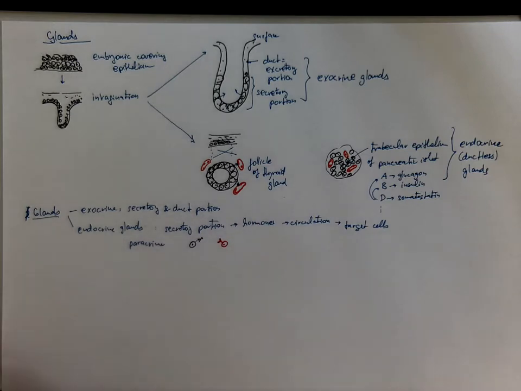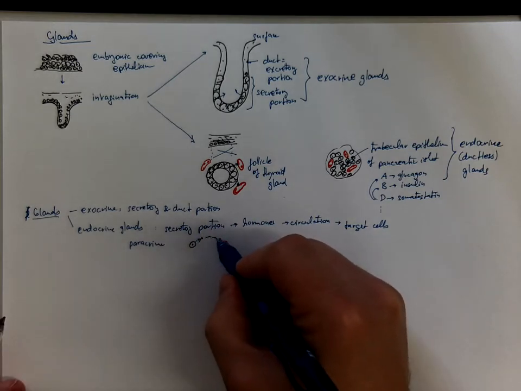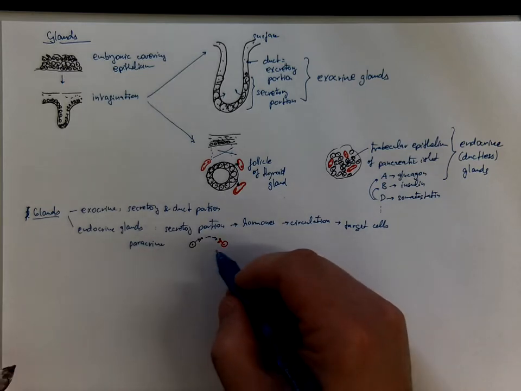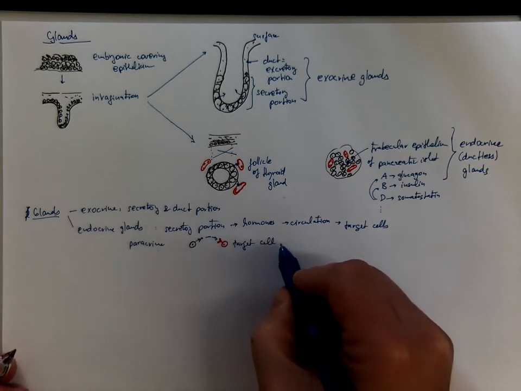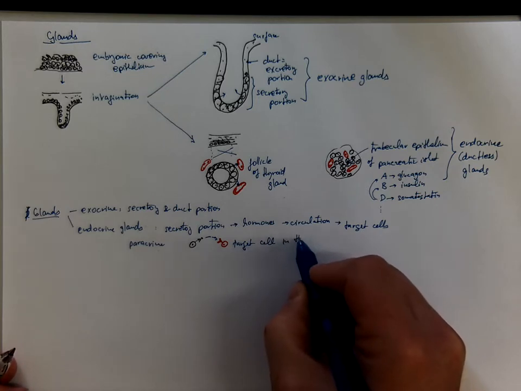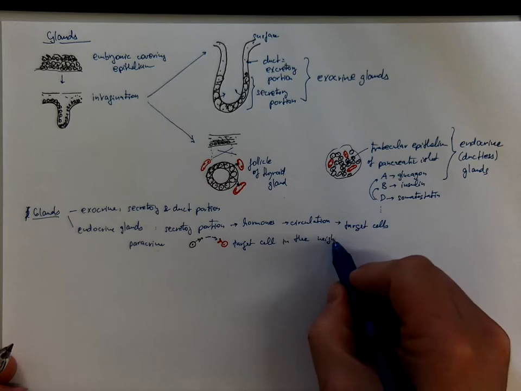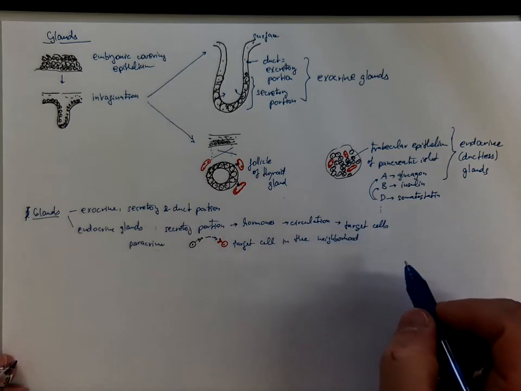So there is no need to circulate in large amounts through the whole body. The target cells are in the same organ, somewhere in the tissue, in the neighborhood. This is called paracrine secretion.